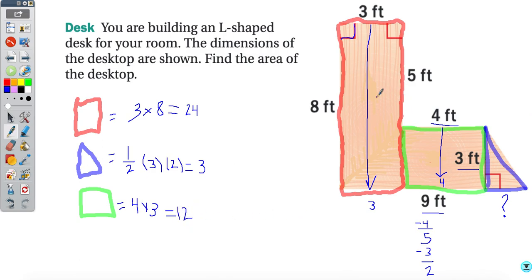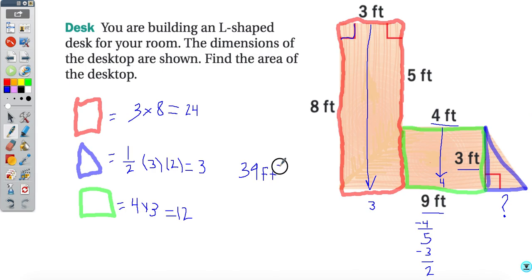Now that I know the area of each of the individual shapes, what I can do is I can go ahead and add them all together to get the area of the entire irregular figure. So 24, I'm going to add 12 to that first. 24 plus 12 is equal to 36. 36 plus 3 is going to be 39 feet squared.